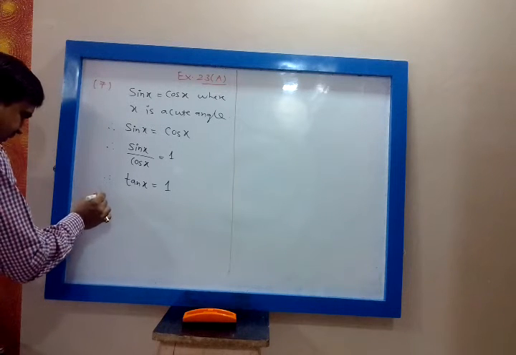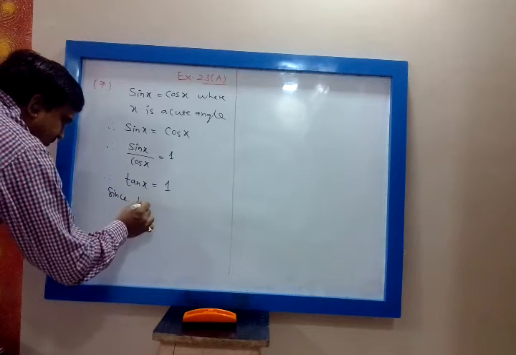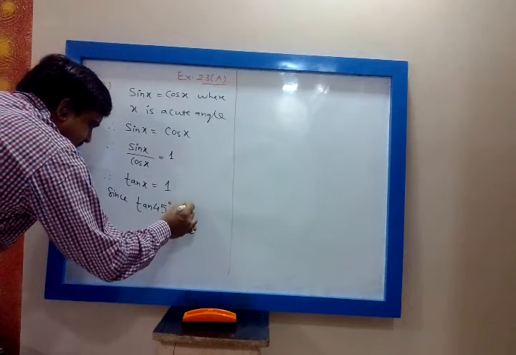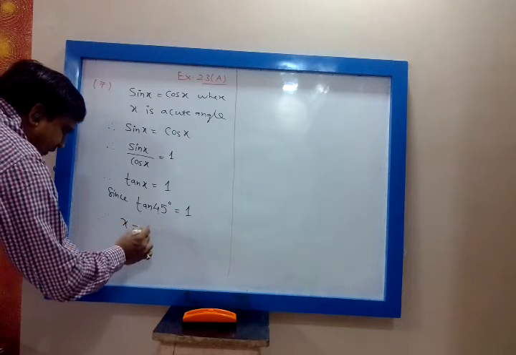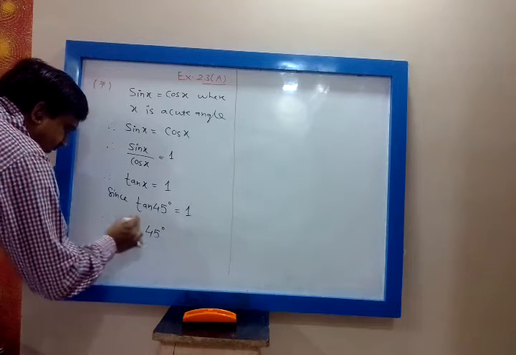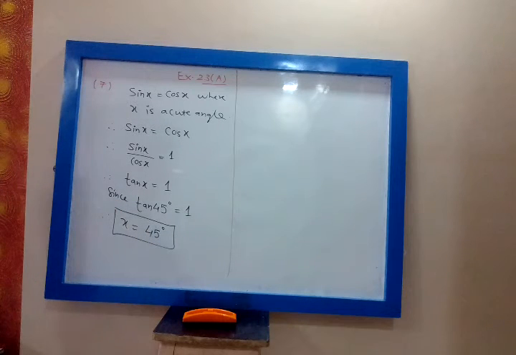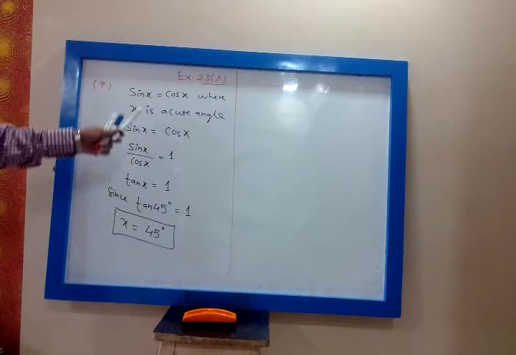Now since tan 45 degree is equal to 1, this will give you x is equal to 45 degree. And check whether this value of x is correct. Because what is x, my dear?